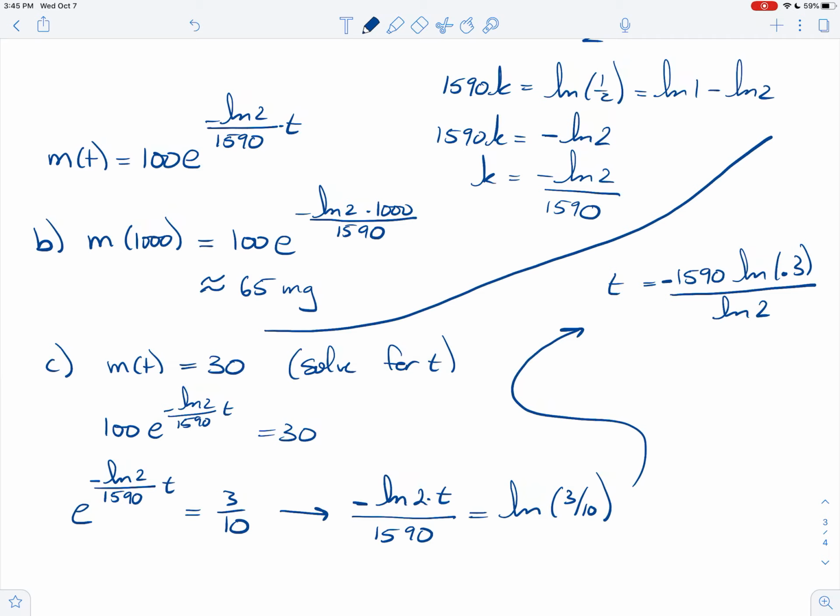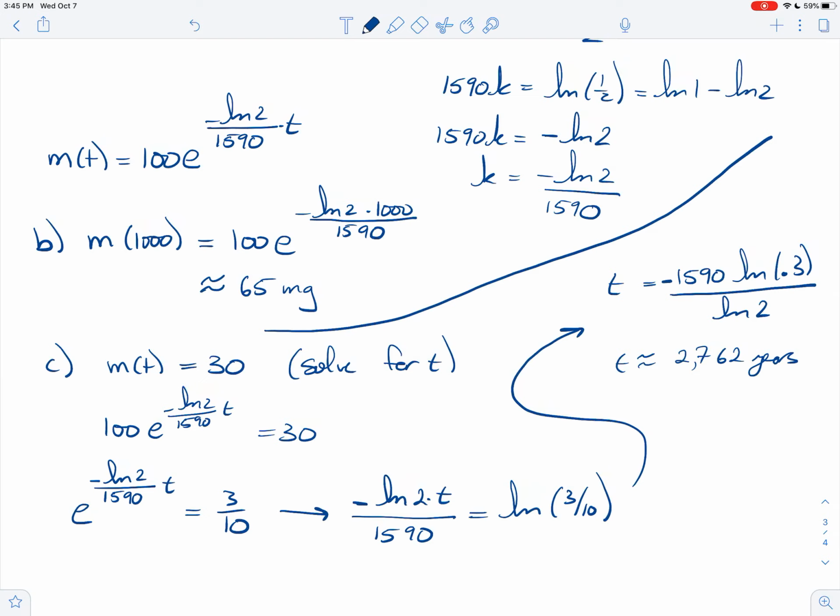You can use your calculator, and you can get t is roughly 2,762 years. So we've got a long wait to watch our little bit of radium-226 decay down to 30 milligrams. After a little over 2,700 years have passed, that's when there'll be 30 milligrams left.